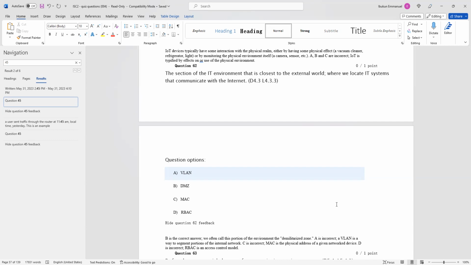What sort of systems might a large online retailer need to place in the DMZ, and what sort of systems might it need to place behind the DMZ with additional protection? So think of the ordering process from an online retailer. What sort of systems may need to be placed in the DMZ?